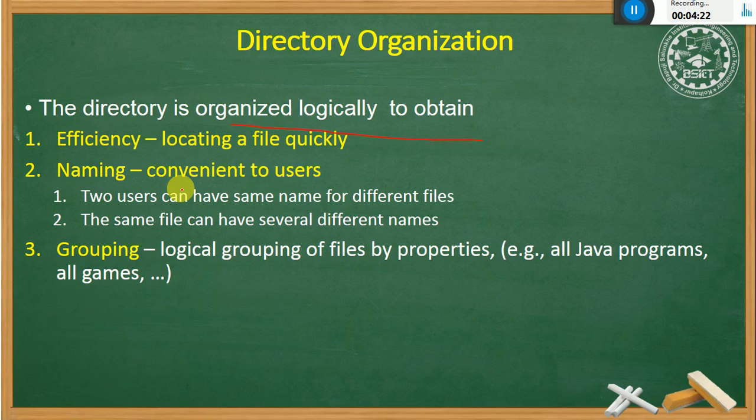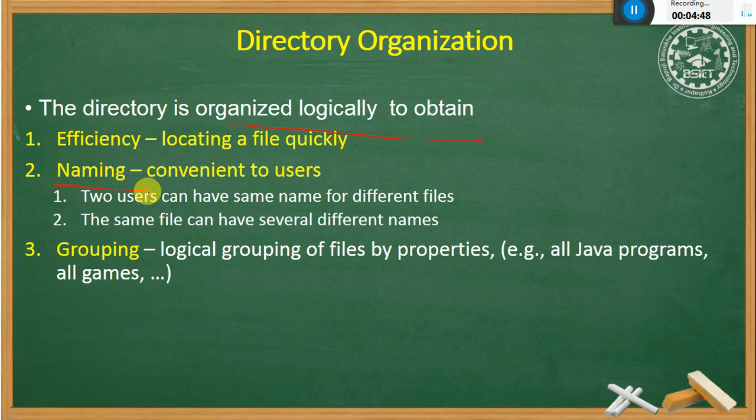We can create directories like SYCO, TYCO, English, Maths. So relevant files are stored in that directory. With naming conventions it is easy to find a specific file from the storage. So naming is convenient to the user.